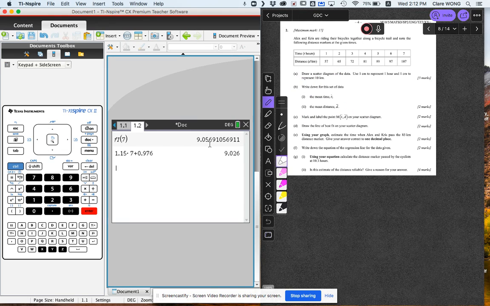Next one is like this. So Alex and Chris are riding the bicycle together along a bicycle trail and note the following distance markers at the given times. So times are in hours, distance are in kilometers. Draw a scatter diagram. This one is a long question. So you need to draw a scatter diagram.